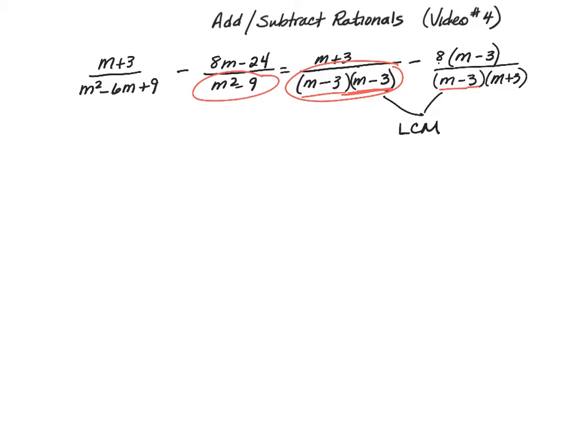So I will say I have m minus 3 times m minus 3. And now let's look at our second denominator and make sure that we have everything we need for it. We have one m minus 3, which it needs, but we have no m plus 3. So we've got to include an m plus 3 in our least common multiple. That is now going to become the least common denominator of our two fractions.